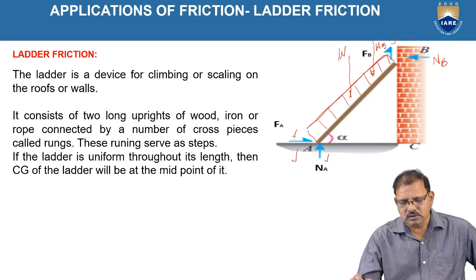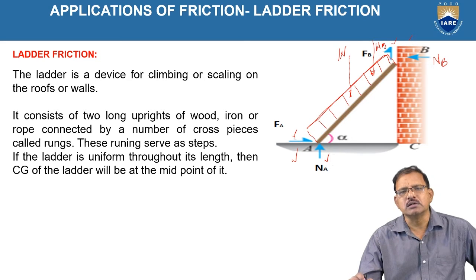Hence, while analyzing, we require three equilibrium equations. First, the algebraic sum of the forces acting in the horizontal direction should be equal to 0. Second, the algebraic sum of the components of vertical forces should be equal to 0.